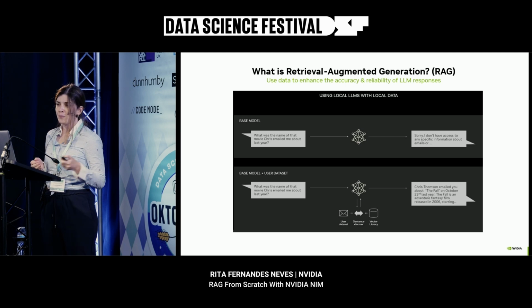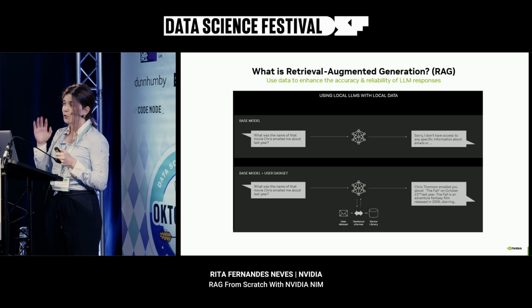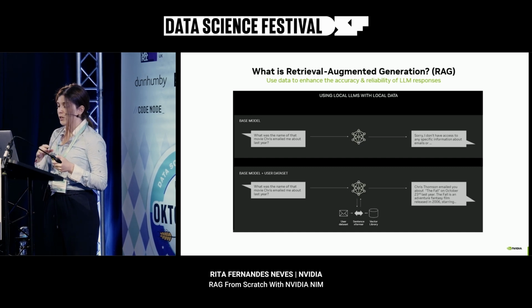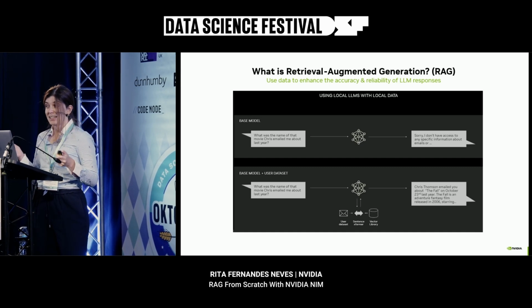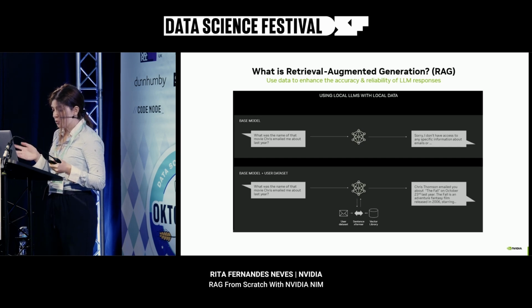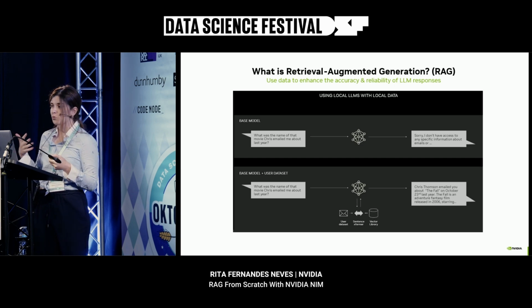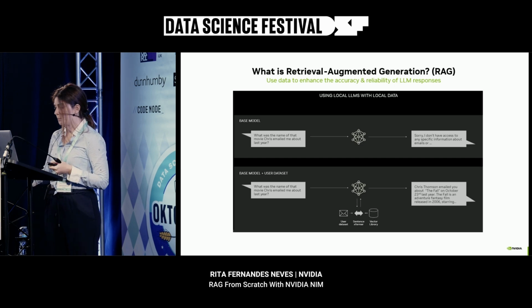It could also be something made up, but probably it's not going to be correct. However, if you connect that LLM to a database, which in this case is your email, God forbid, and ask what is the name of that movie Chris emailed me about last year, then it becomes, Chris emailed you about this movie called The Fall.